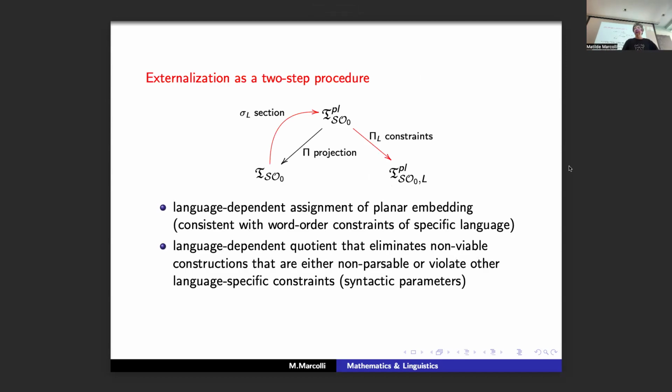Okay, so this is everything that has to do with these general pre-externalization structures that you have. Now, externalization is what models the actual diversity of languages that we see.